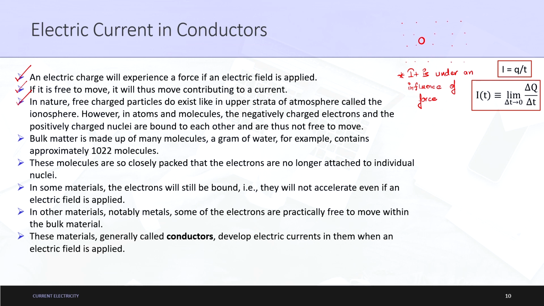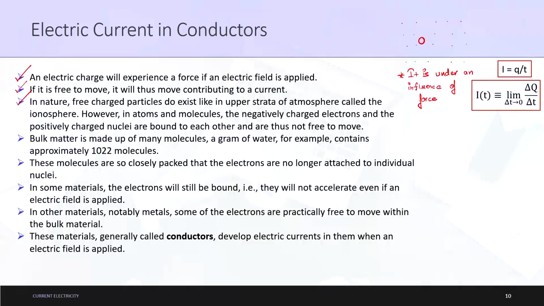The upper stratus of the ionosphere has ions which are free, while the electrons, nuclei and protons in an atom are bound. So, these are the differences between free charges and bound charges.